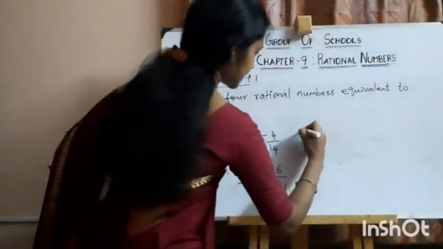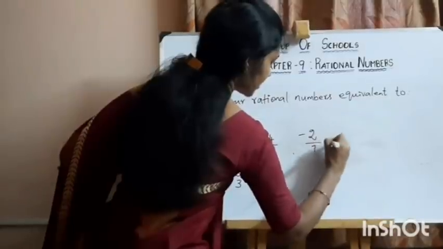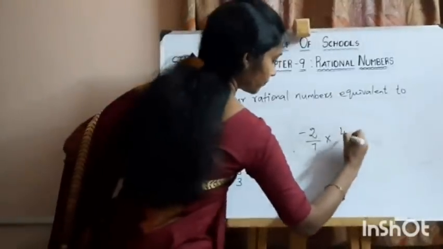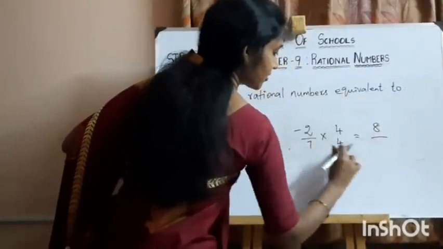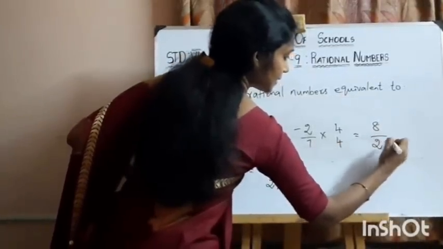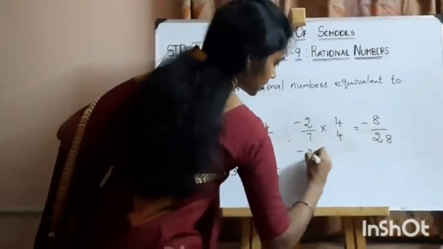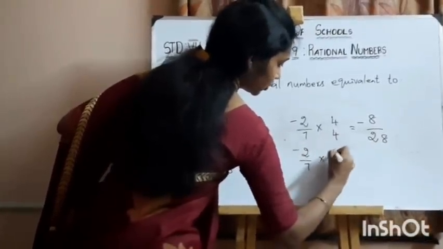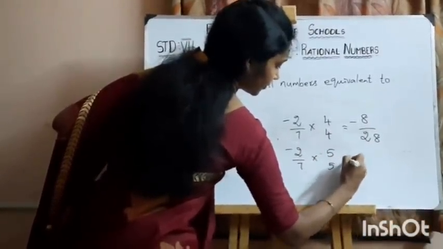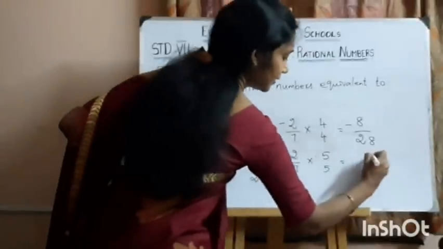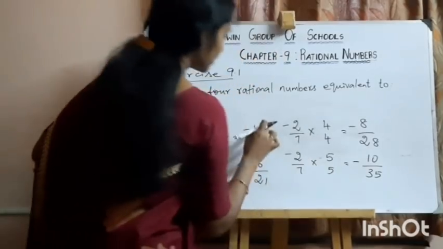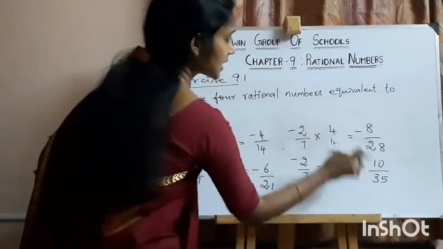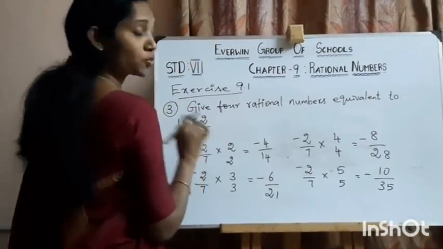Okay, next minus 2 by 7 into 4. 2 4s are 8, 7 4s are 28, minus sign. Minus 2 by 7 into 5 and 5. So 2 5s are 10, 7 5s are 35, minus sign will be there. So these are the 4 rational numbers that are equivalent to minus 2 by 7.